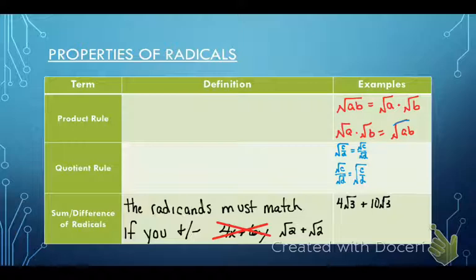So if you had 4x plus 10x, what would you do? 14x, right? So in this case, we're just going to add the coefficient, or the part in front. So 14 times the square root of 3. We're just adding the 10 and the 4. The radical stays the same.